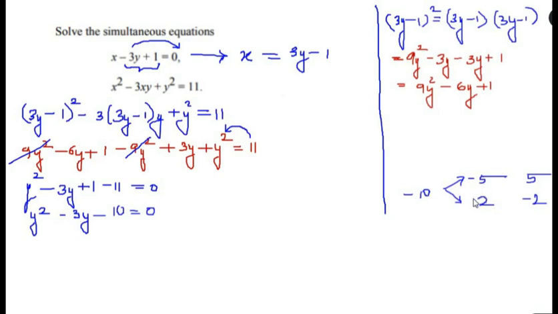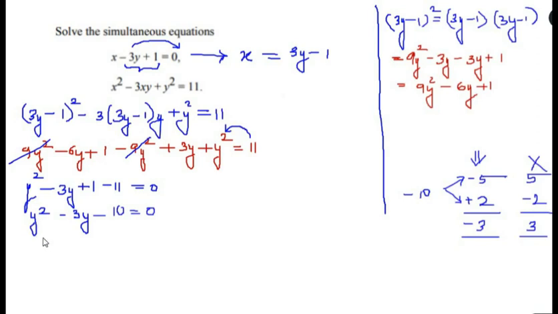So minus 5 plus 2, when we add them we get negative 3, and 5 and negative 2, when we add them we get positive 3. So obviously the right option is going to be negative 5 and positive 2. We are going to use this combination. The other is positive 3, but we needed a negative 3, so this is a wrong combination.